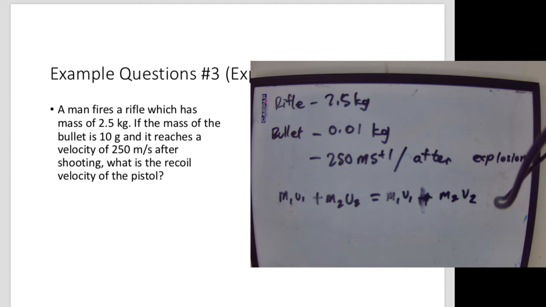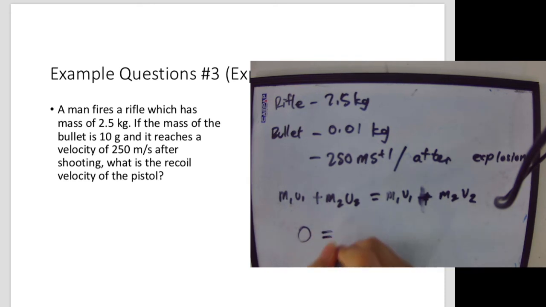All right. So what is the initial velocity of the pistol and the initial velocity of the bullet before shooting? If you read the question carefully, before shooting, the bullet is not moving. Zero, right? Since the initial velocity on both sides is zero, then you'll just put zero for everything.